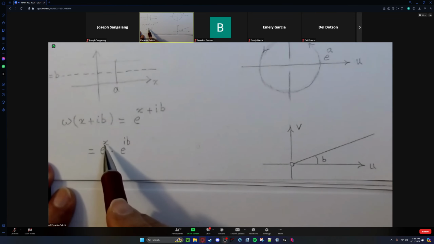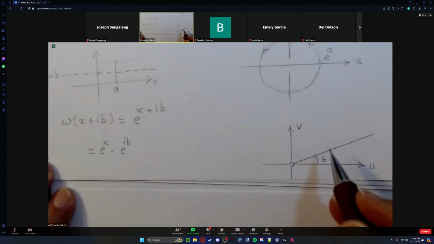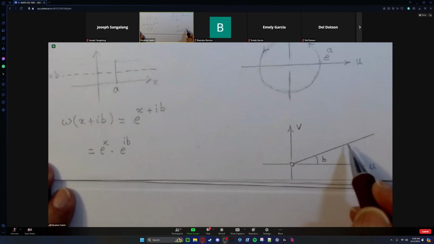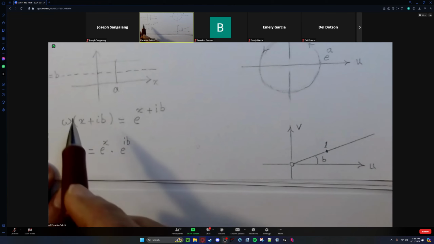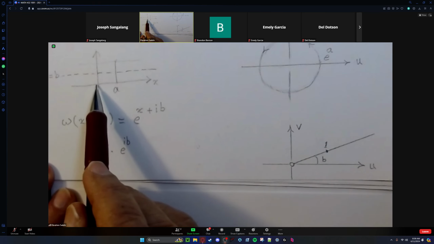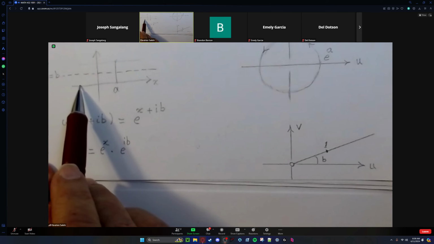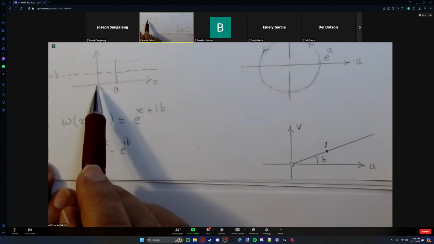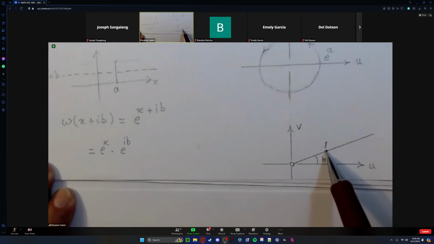When x is 0, you get 1 on this ray. Here, let's say 1. I'm talking about x going from negative infinity to infinity. When x is 0, you're at this point.